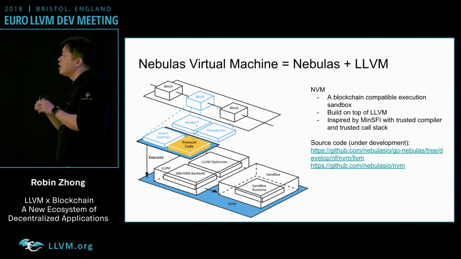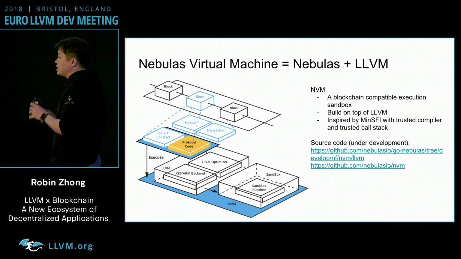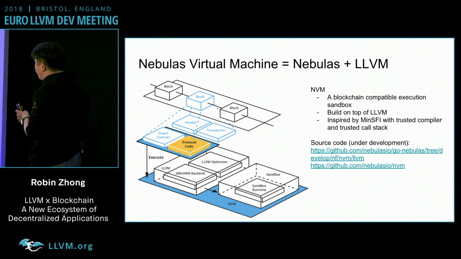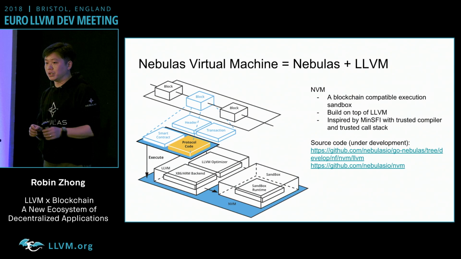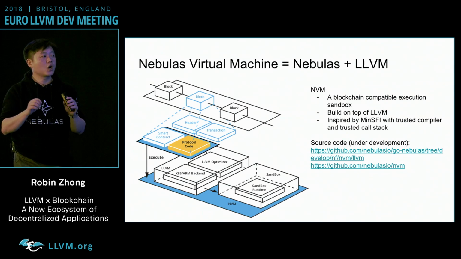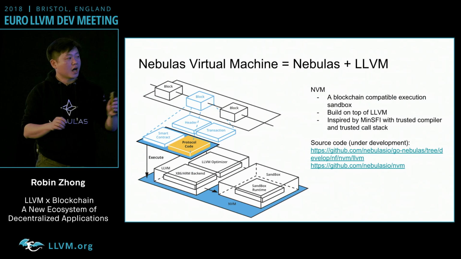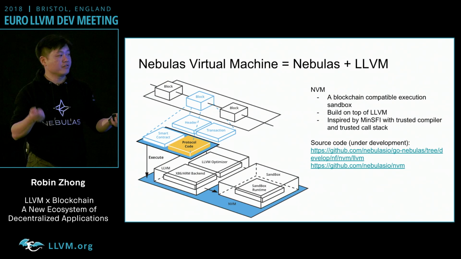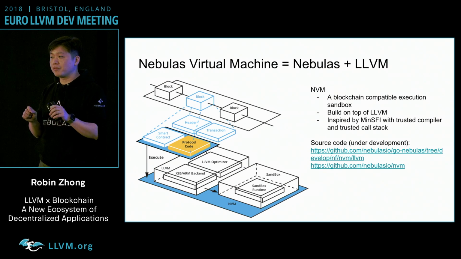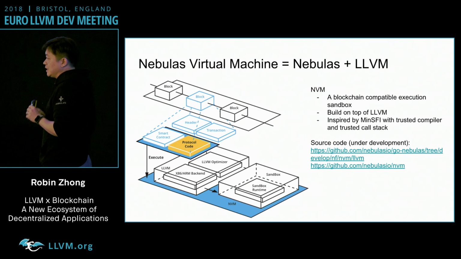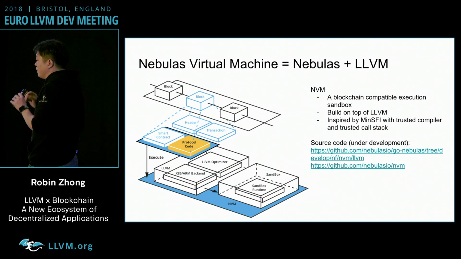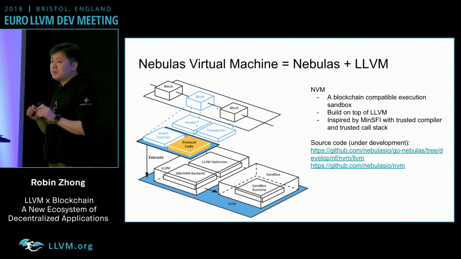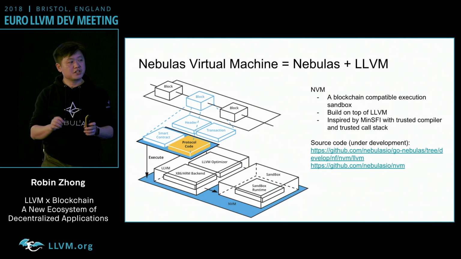All those smart contracts are written in C or C++ and then translated to IR bytecode, and then we deploy that bytecode. Once the code is executed under the environment of the LLVM, we need to provide some sandbox facility to limit the resource consumption and limit the API usage for them.